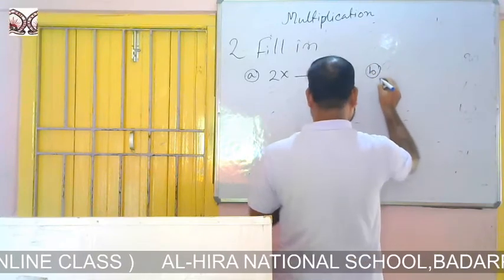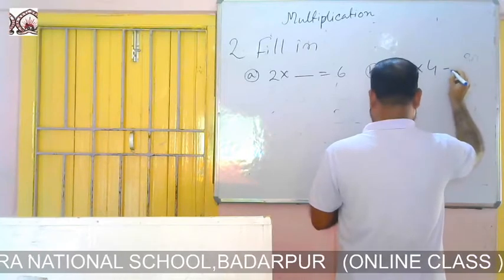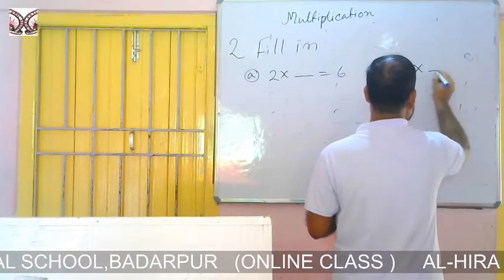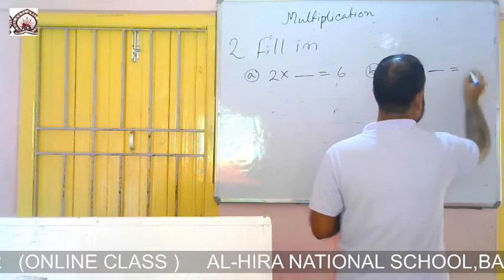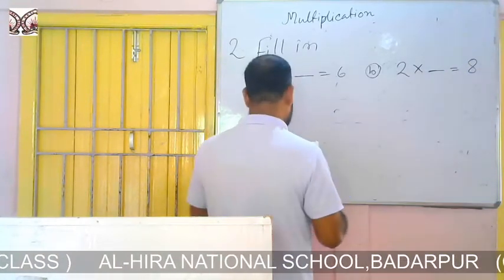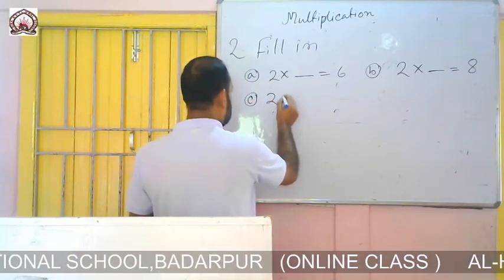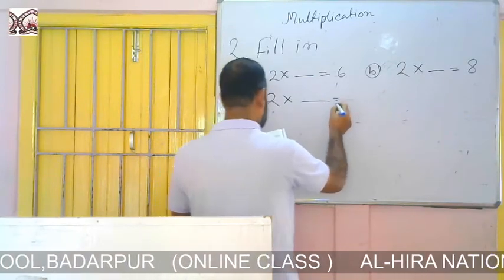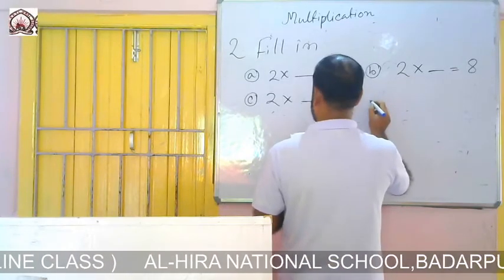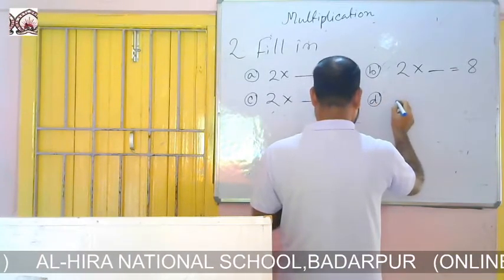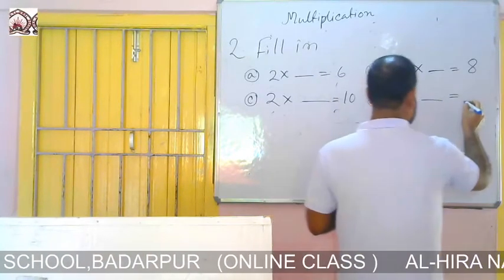B: 2 into dash equal to 8. 2 into dash equal to 10. 3 into dash equal to 9.